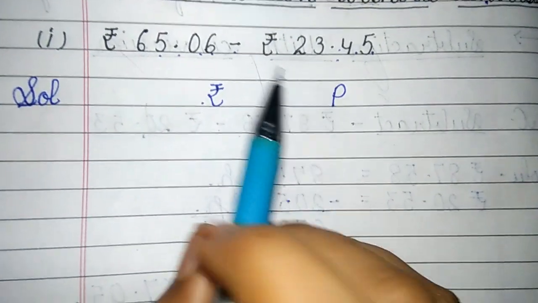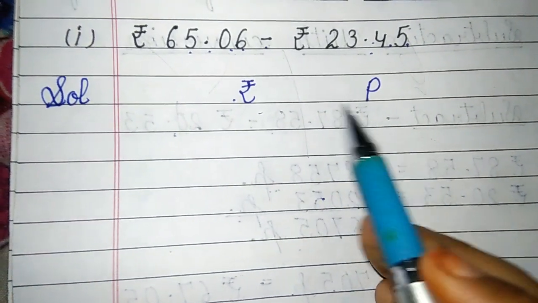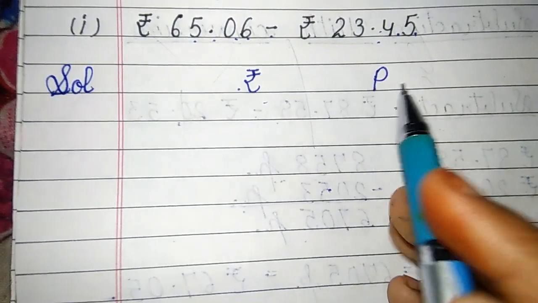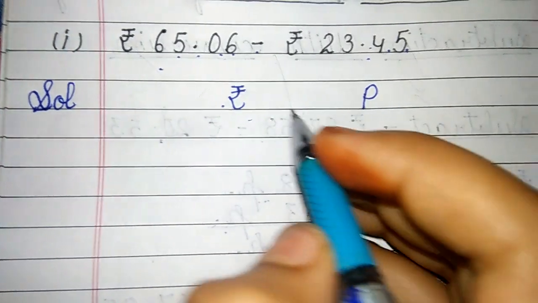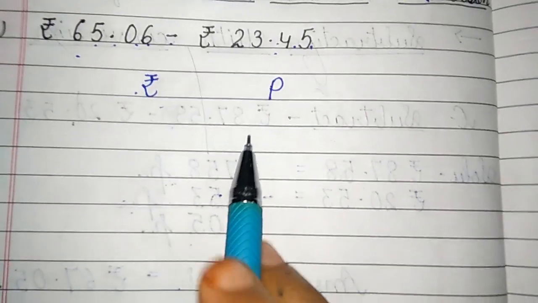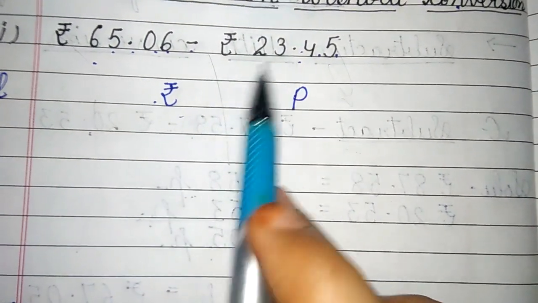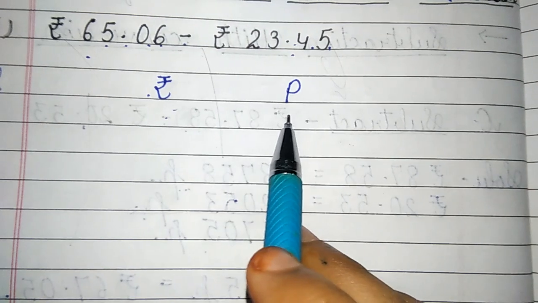After that, we have to arrange the given amounts in the columns of rupees and paise. Now first subtract paise, then rupees.